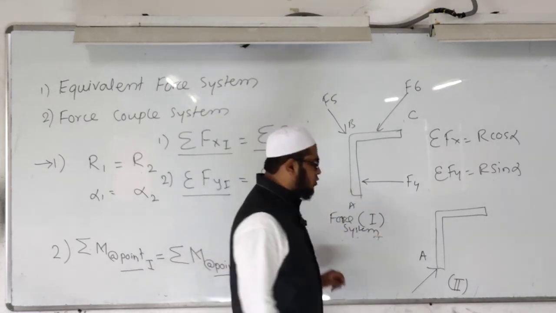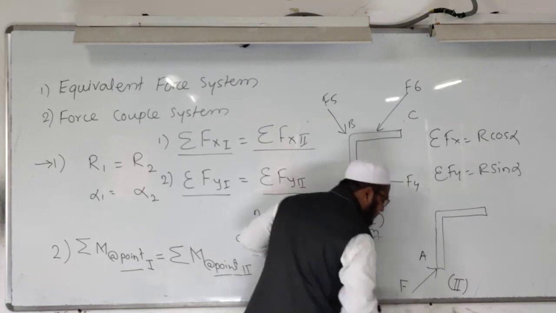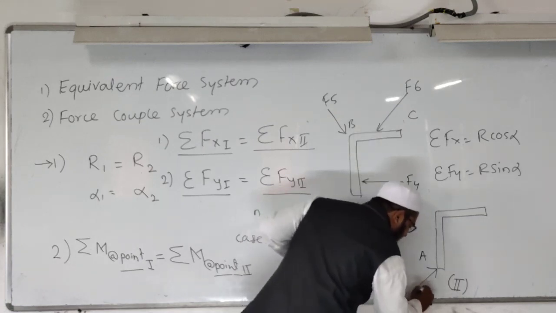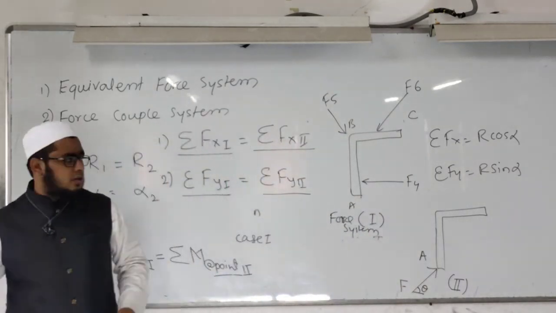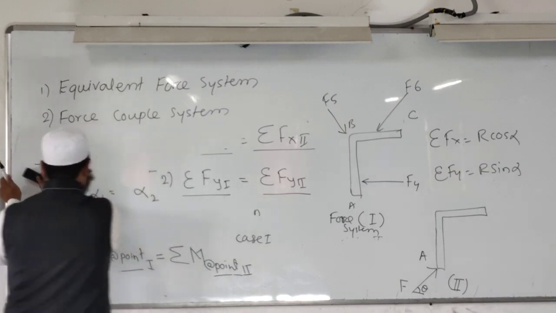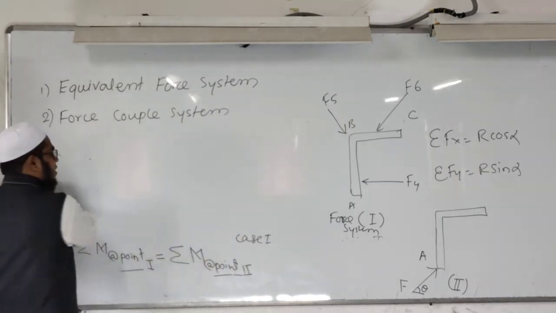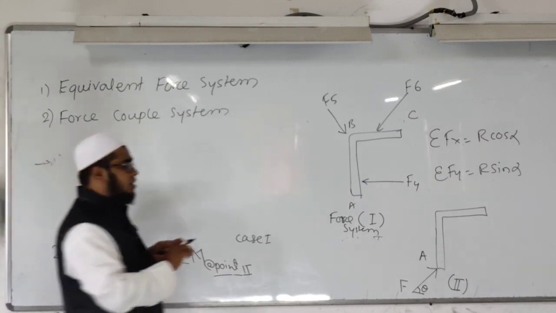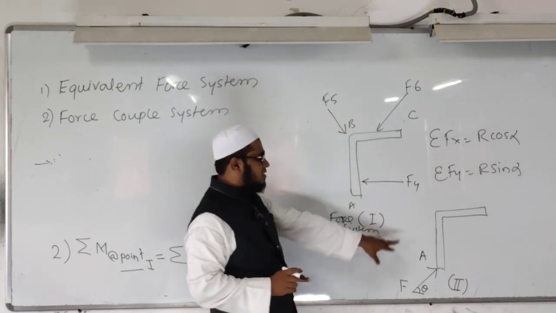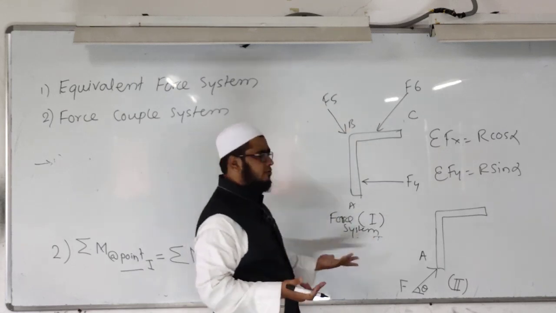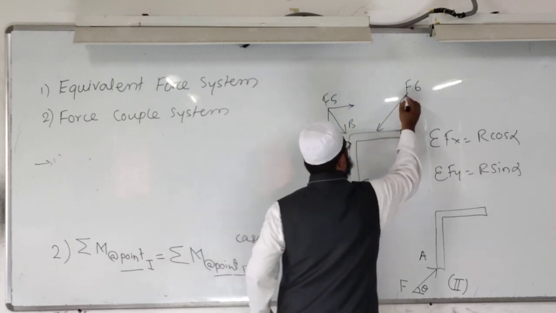In the second force system we don't know the magnitude of the force acting at A, so we consider it as F. The angle we consider as theta. Now the first and second force systems are in front of you. Now what will I do? I will obtain the summation Fx of the first and summation Fx of the second. Very simple. For obtaining horizontal and vertical components, I have to resolve.